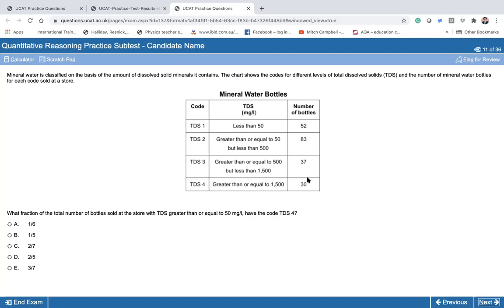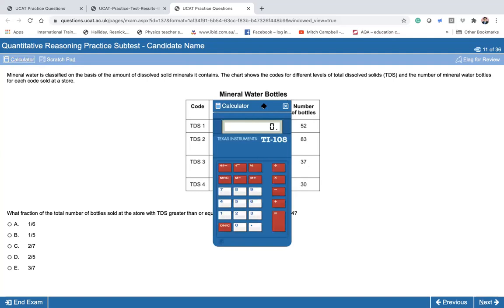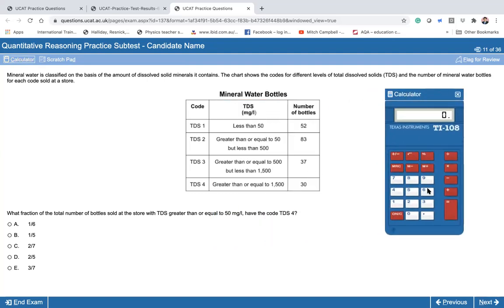So this would be 30 divided by some of these numbers. So you want to do this in fractions, so we'll just add these numbers.